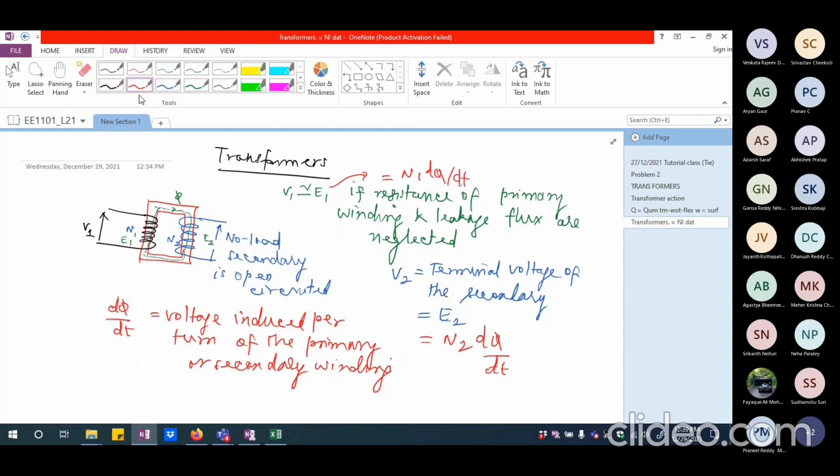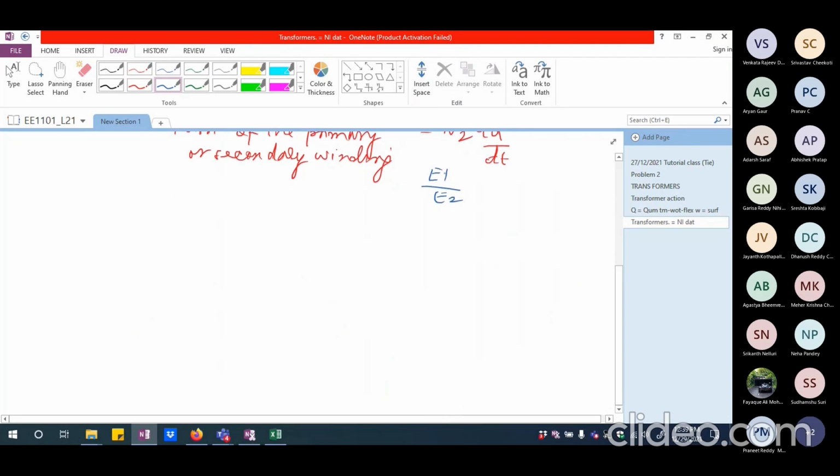So E1 by E2, which is also approximately equal to V1 by V2, V1 being the applied voltage, is going to be N1 divided by N2. I should be able to write this as N1 d phi by dt divided by N2 d phi by dt.